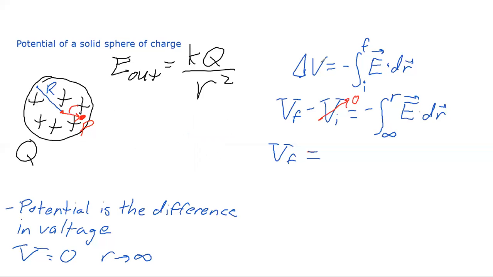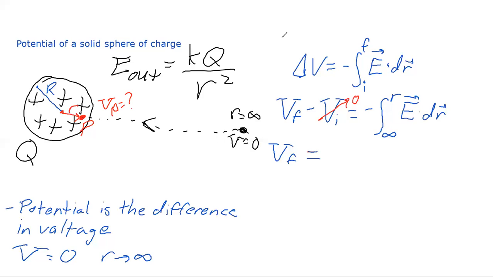We're looking at the difference in voltage between here, when r equals infinity, and here. That's kind of my path. It goes from infinity, where we know our voltage equals 0, to VP, and we don't know the voltage at P. That's what we're trying to find.